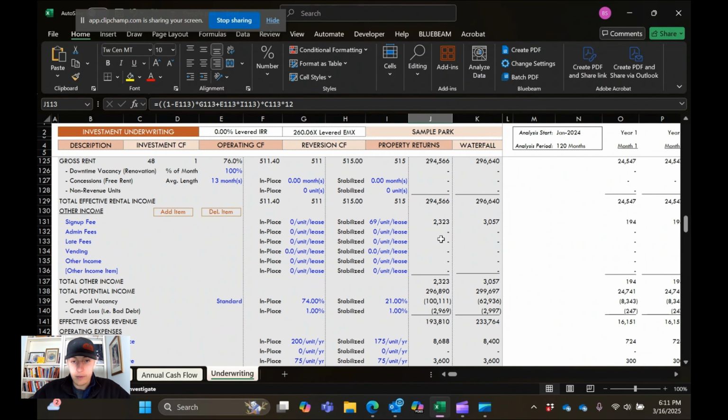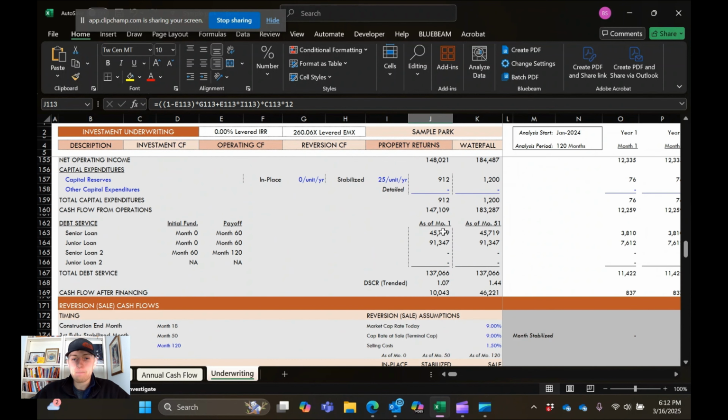It's basically cutting the net operating income in half. 148 divided by 2, so 74,000. 74,000 won't cover the debt service, but I mean we're still rent owned, but the banks don't look at it like that.